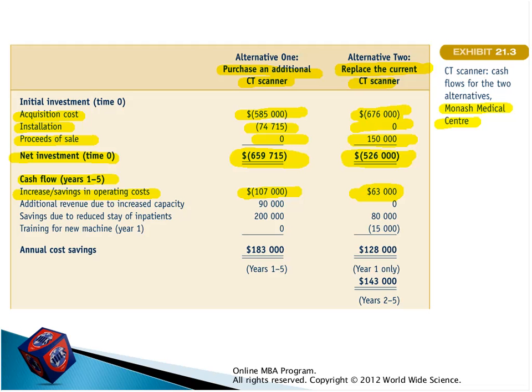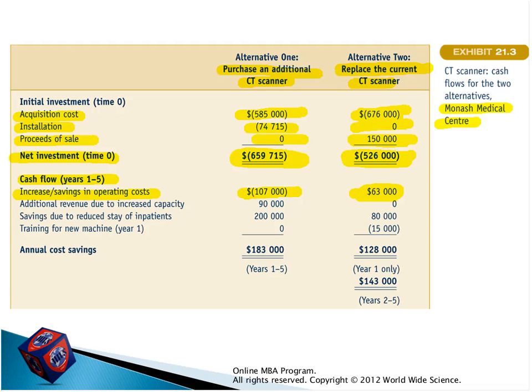So here we might consider that we can get some profits of 63,000 from this new CT scanner, because it has some savings in the operating costs.